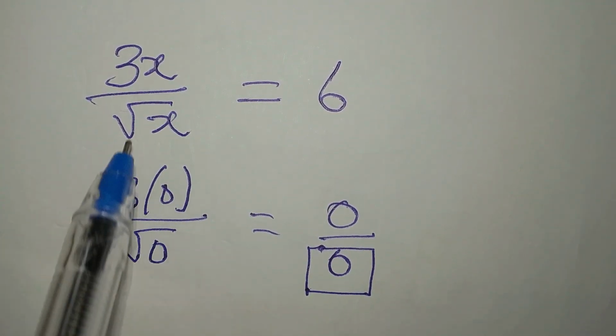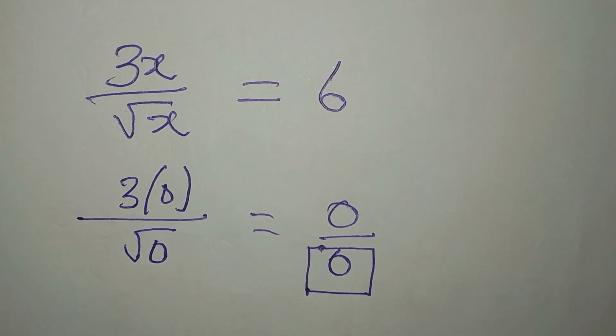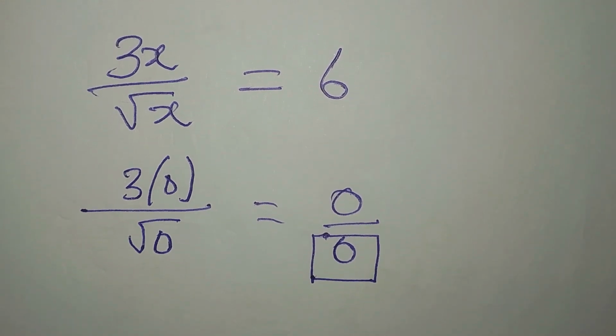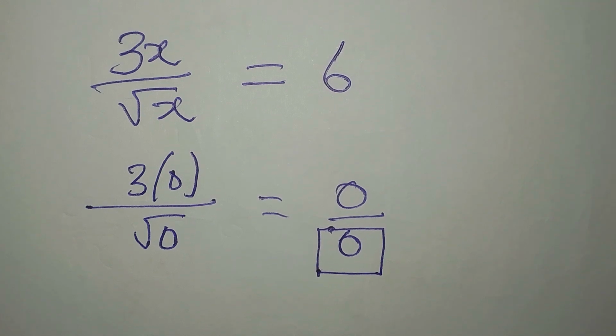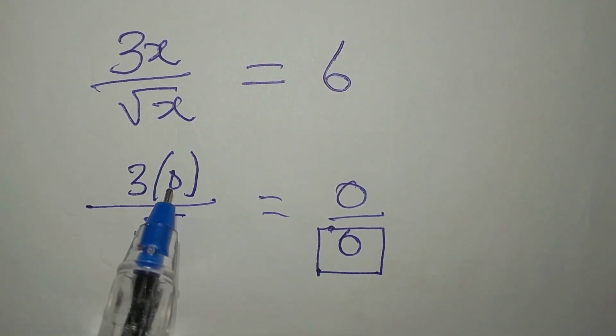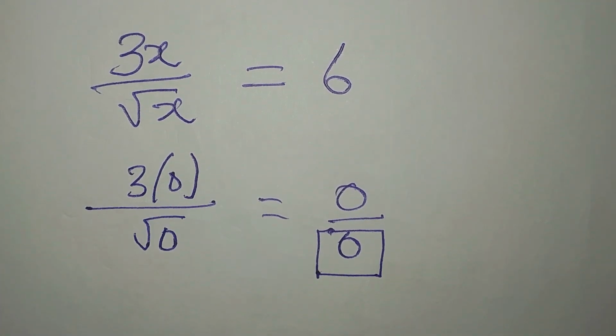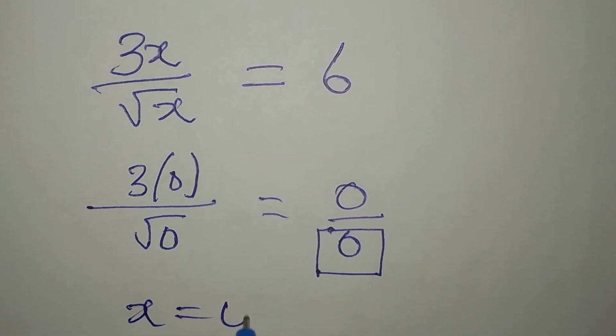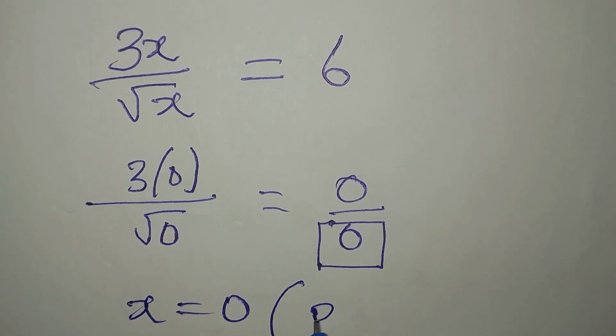So x equal to 0 will make the equation undefined. So this means that the second method that gave us 0 here is not preferable because it gives you what you don't need. So x equals 0 will be rejected.